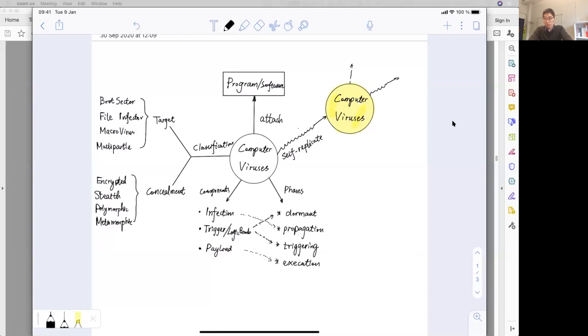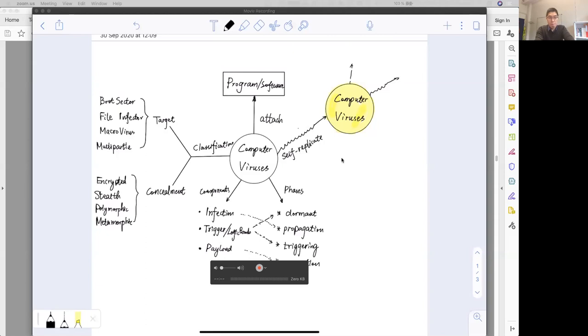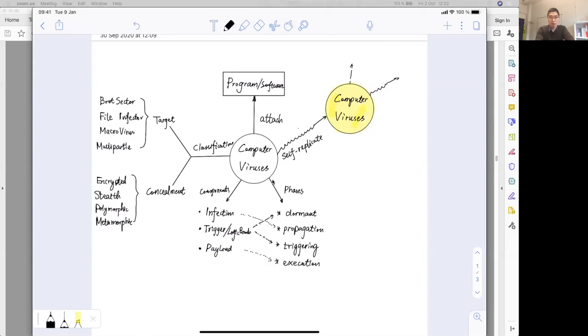As you see, I made some handwritten notes on computer virus, try to capture the important points about computer virus. And so first of all, computer virus is not a standalone program. It needs to attach to another program, which is so-called host program or host software.